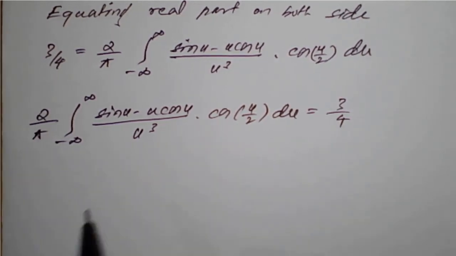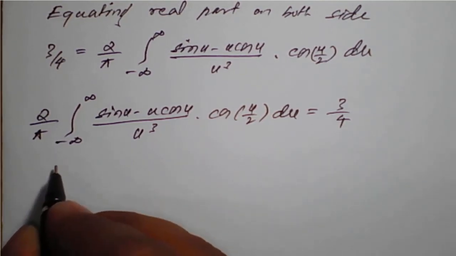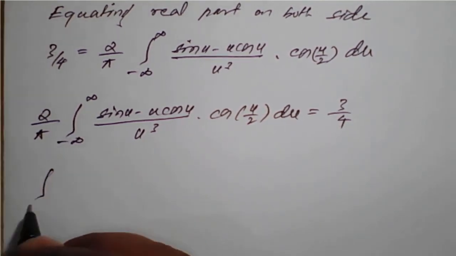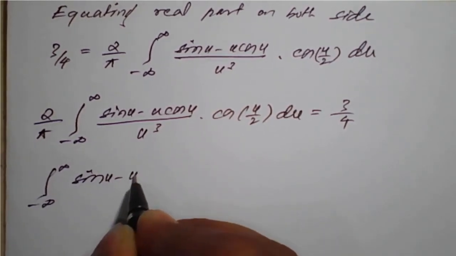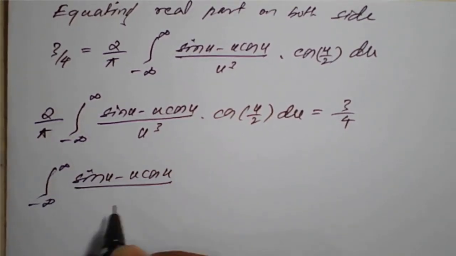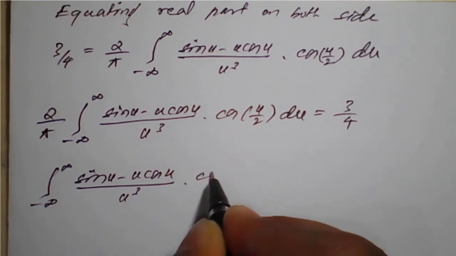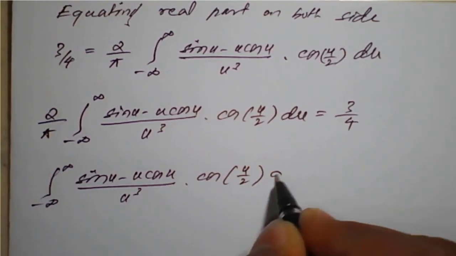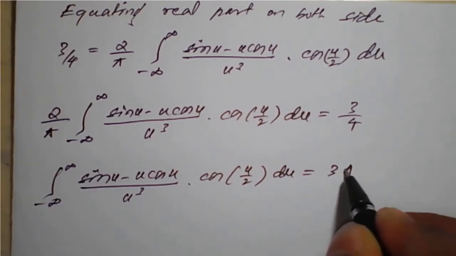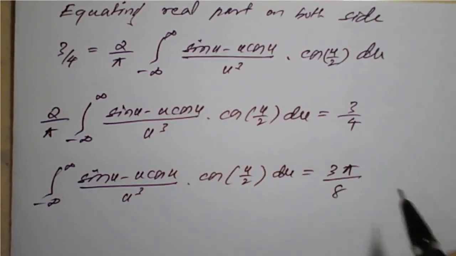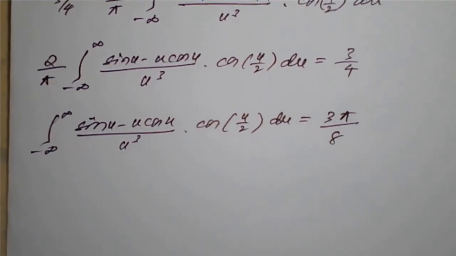Now this 2 upon pi you shift to the right hand side, so it will become integration minus infinity to plus infinity sine of u minus u cos u divided by u cube into cos of u by 2 into du is equal to 3 pi by 4 to is 8, so it will become 3 pi by 8.